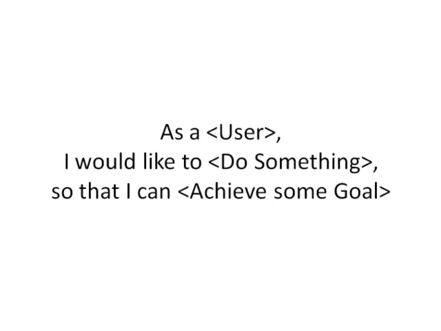So the do something section is the action or a series of actions that the user wants to take. This portion can be really thought of from a developer's perspective as what is to be implemented. So what feature do you want to accomplish with this story, or what new idea do you want to be able to code? And achieve some goal, the final section, is the business or use case that defines why this is actually valuable to the user.